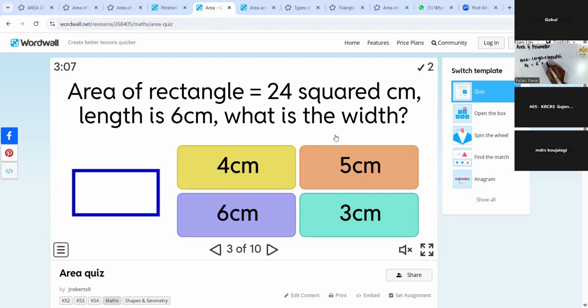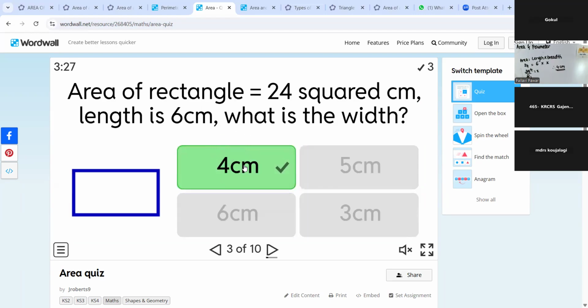We don't know the width, that is breadth. So 24. This is multiplication. When it comes to this side, it becomes division. So 6 ones are 6, 6 fours are 24. So breadth is 4 centimeter. So we have this option here.